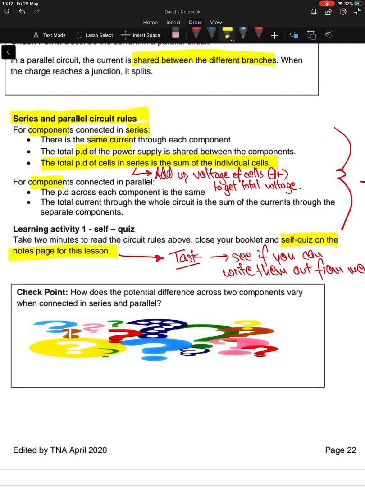The potential difference of the power supply is shared between the components. And the potential difference of cells in series is the sum of the individual cells. So you add up the voltage of cells to get the total voltage. And then for components connected in parallel, the potential difference across each component is the same, whereas the total current through the whole circuit is the sum of the currents through the separate components.